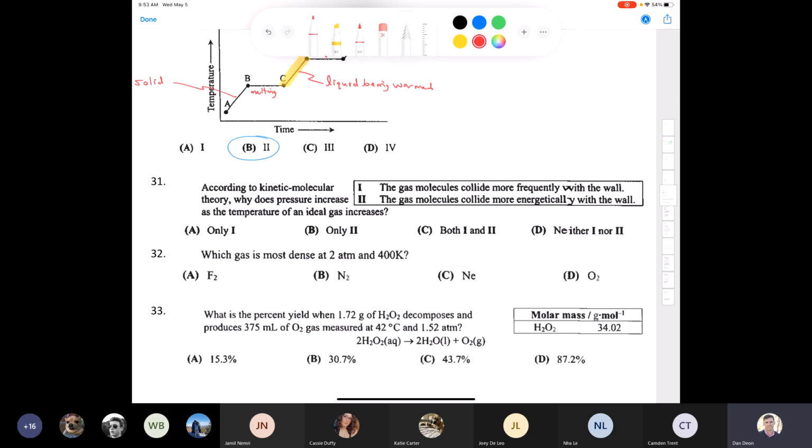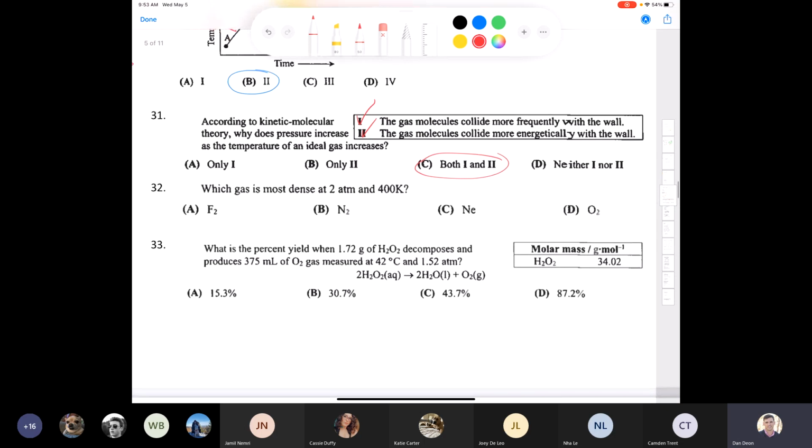If you heat up the gas, the molecules are going to be moving faster. Therefore, they're going to hit the wall more frequently, right, if they're moving around faster. And then do they have more energy? Well, yeah, if we have the temperature increasing and they're moving faster, then they're going to have more thermal energy, and therefore they're going to collide just with more energy against the wall. So both of these are true, number 1 and number 2. Kinetic molecular theory of gases.